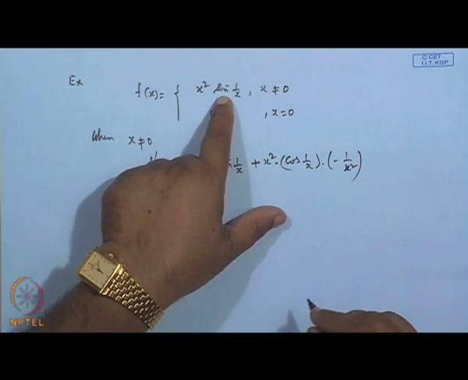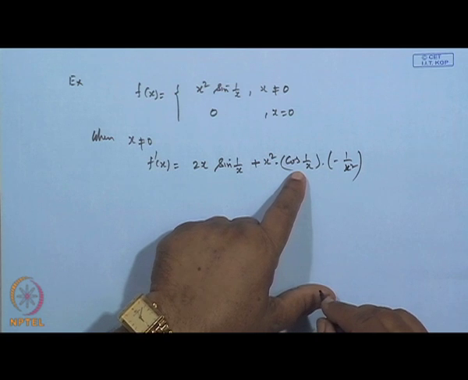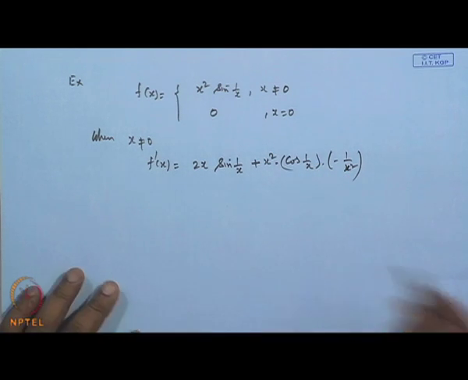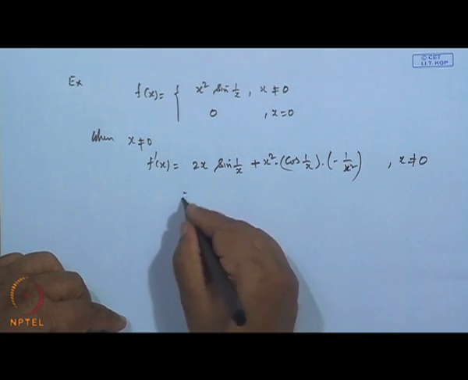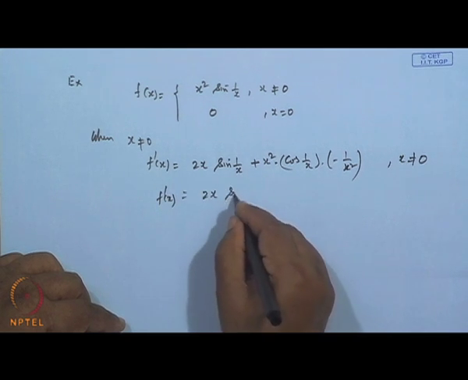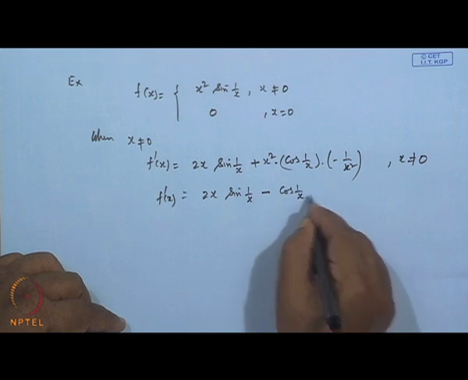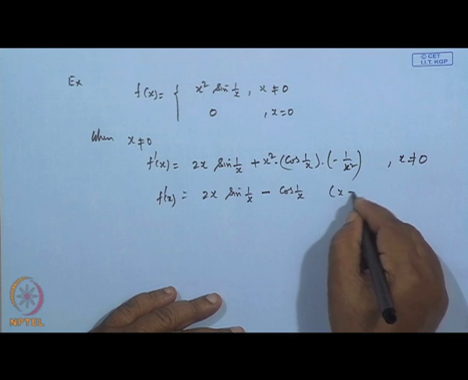The derivative of sin of 1 by x is cos 1 by x, but the derivative of 1 by x is minus 1 by x square. So, for x not equal to 0, the derivative of the function comes out to be 2x sin 1 by x minus cos of 1 by x.